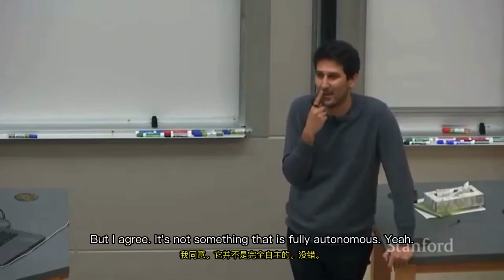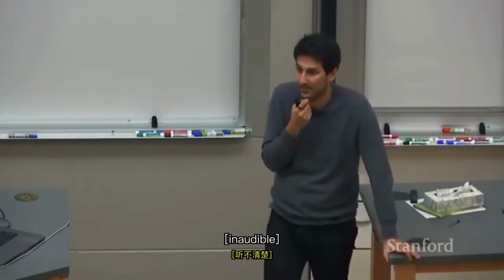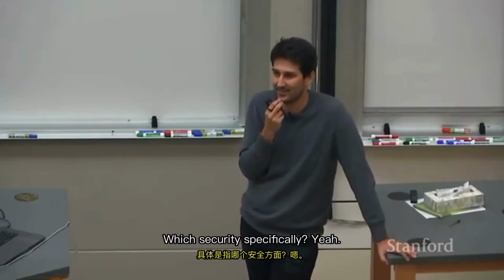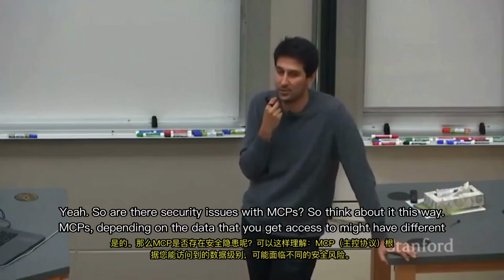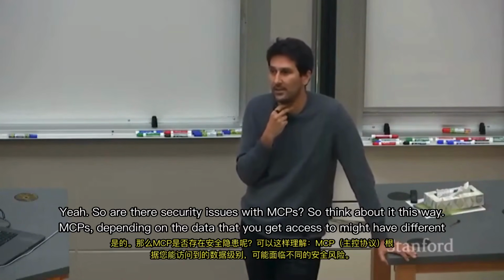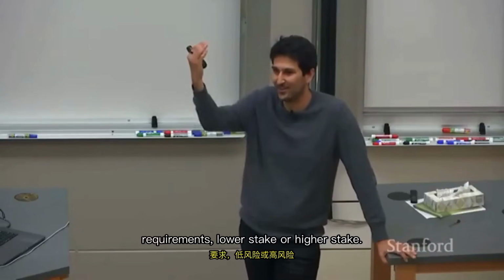I've seen that the MCP has some security issues. Are there security issues with MCPs? Think about it this way: MCPs, depending on the data that you get access to, might have different requirements, lower stake or higher stake.